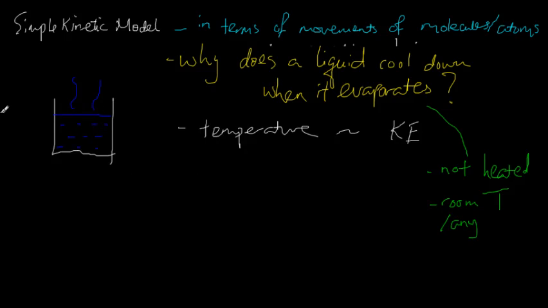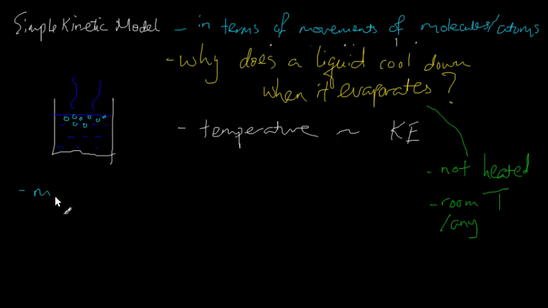So what's going on? Right, let's think about the molecules and atoms. There are lots of molecules in the water. Now I'm just going to look at those molecules that happen to be near the surface of the water. These molecules, like all the others, are moving randomly, and there is a range of kinetic energy.